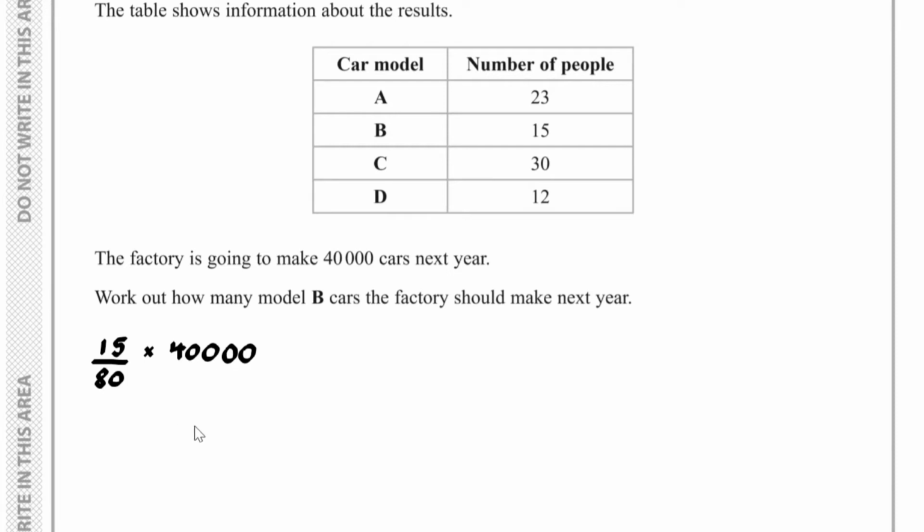So if we work out what this is, 40,000 divided by 80 is equal to 500. So we have 500 times by 15, which is equal to 7,500. So we have 7,500.